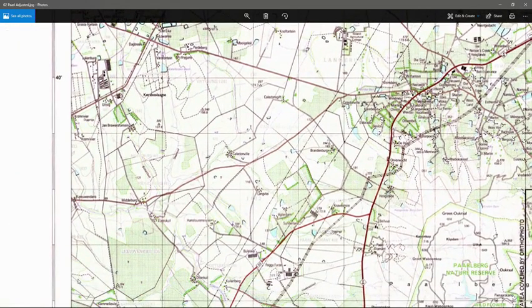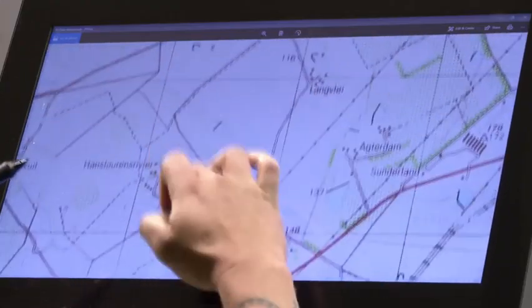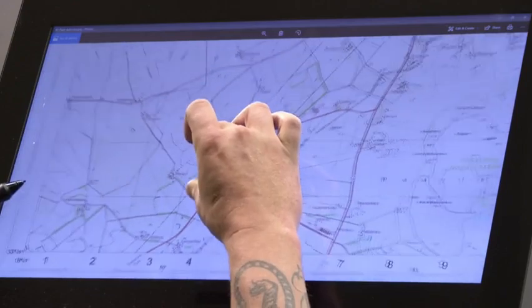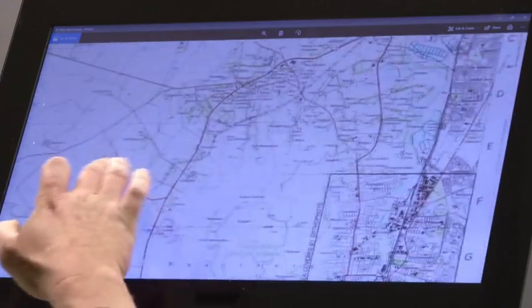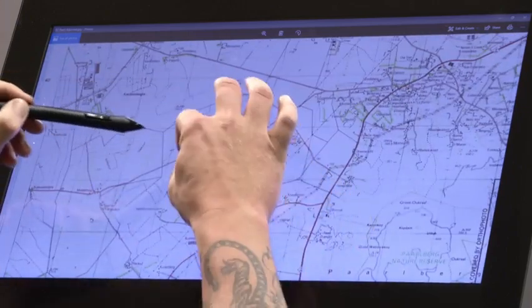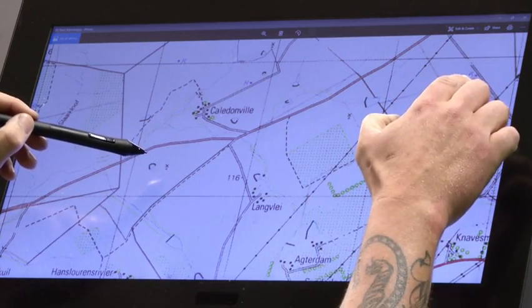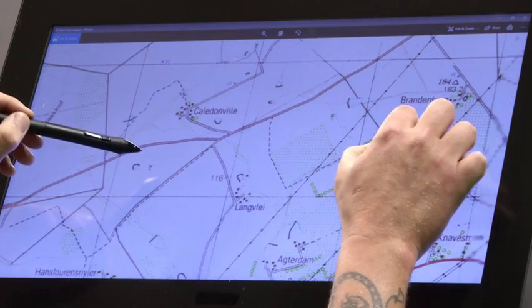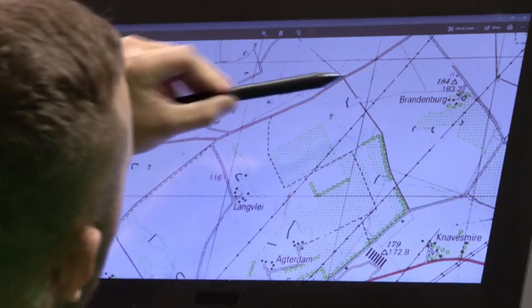One, two, three, 4. There's the windmill. Just want to make 100% sure. This is E4. So this is the windmill over there to the trig beacon 184. So that is where our cross section was constructed, from there to there.